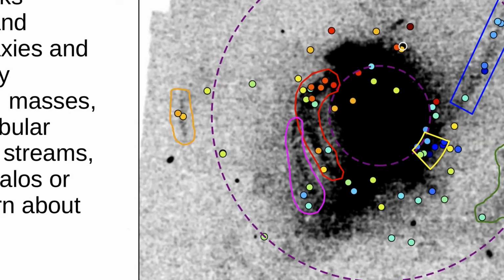So this is an image from the PAndAS survey of streams and other low surface brightness features around M31, where the grayscale is the stellar density, and the colored points are individual globular clusters that were found in the halo. And you see that they're associated with a number of the streams.